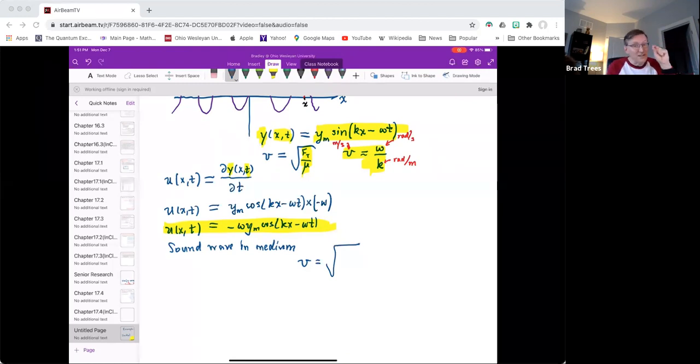That's true in 16 and 17. It's given by the square root of a fraction. The numerator is a measure of the compressibility, if you like, or the elasticity or the springiness of the medium. In chapter 16, that was the tension of the string.